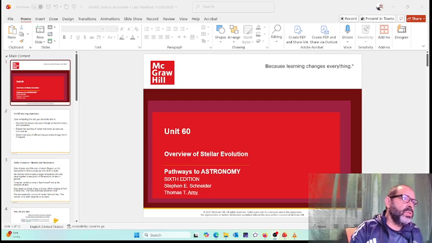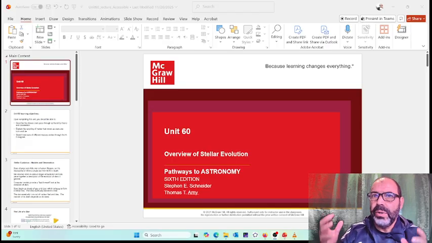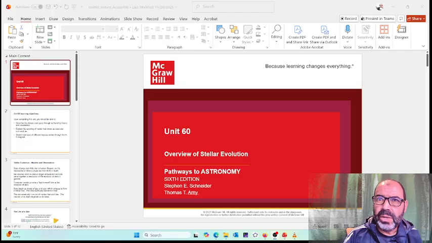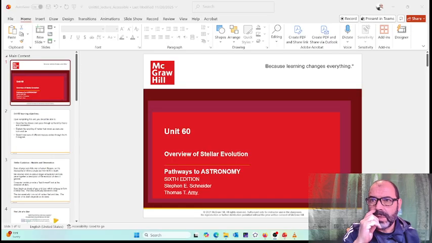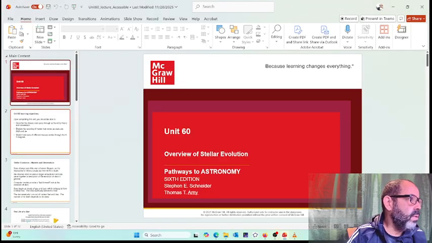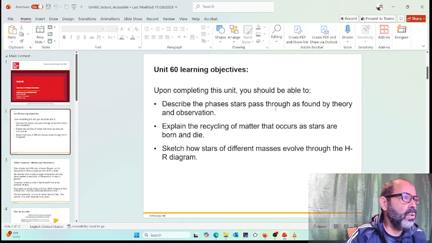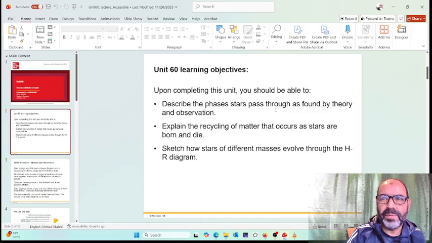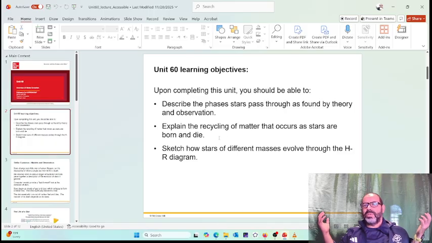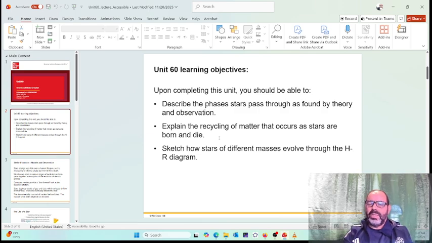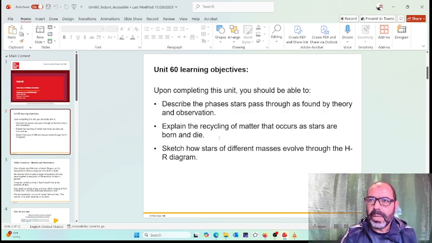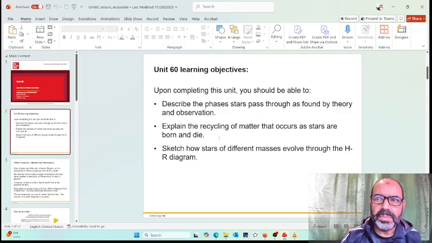Unit 60 talks about basically an overview of how stars evolve. You will notice that it's going to depend on a critical parameter, namely their size, their mass, basically. We're going to describe the phases through which a star goes based on theory and observation, and also explain the recycling of matter, because as the star sheds its outer layers, that becomes ingredients for the next generation of stars.